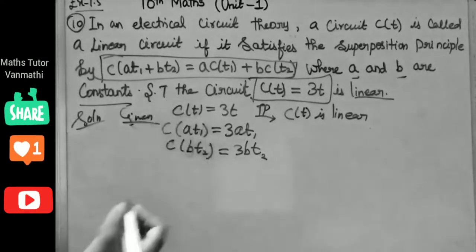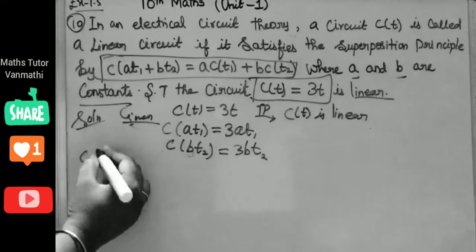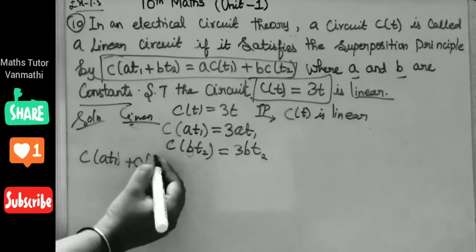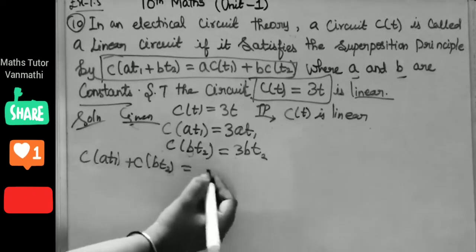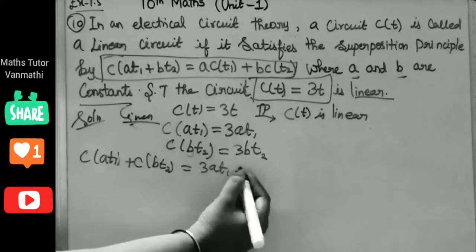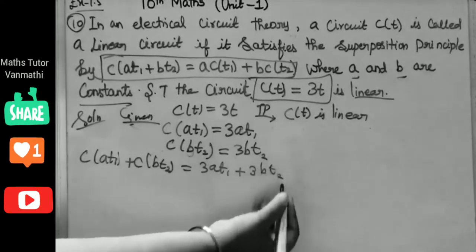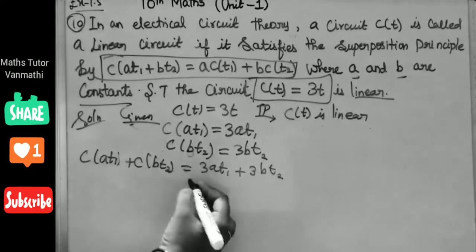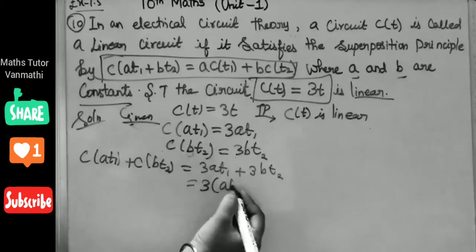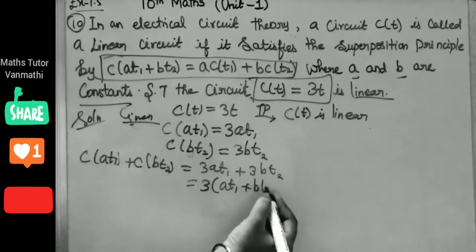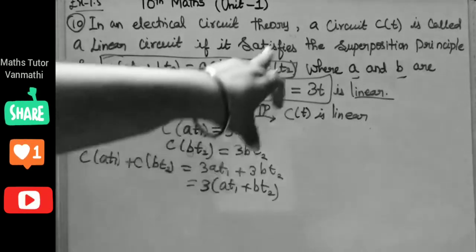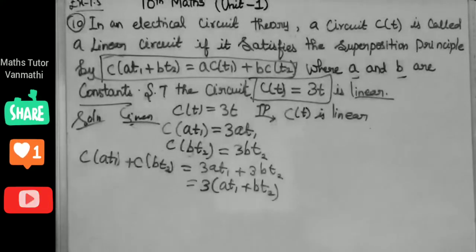So now adding this, what you will get? C of a t1 plus C of b t2 equal to 3 a t1 plus 3 b t2. In this the common factor is 3. Taking that 3 outside you get 3 into (a t1 plus b t2). Clear? From this is your superposition principle.